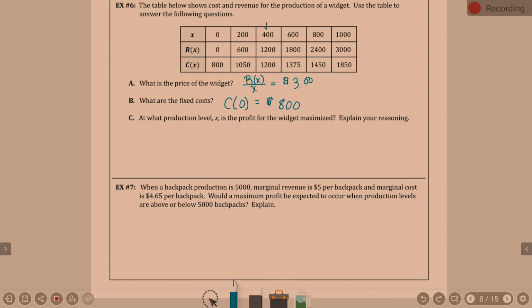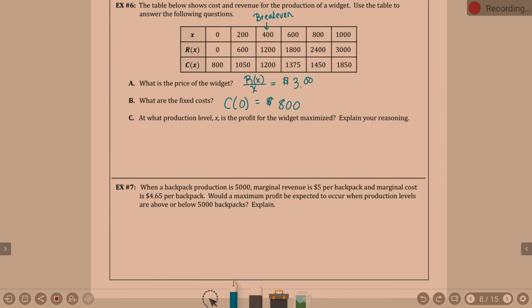Do you see why that happens at 400? That is my break even point. When I sell 400 widgets, I bring in $1,200, but it will have cost me $1,200. So in order to make a profit, I have to sell 401 widgets, and you've got to sell a bit more than that for it to be worth it.